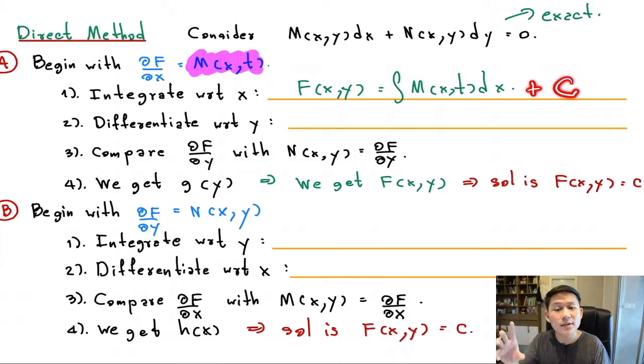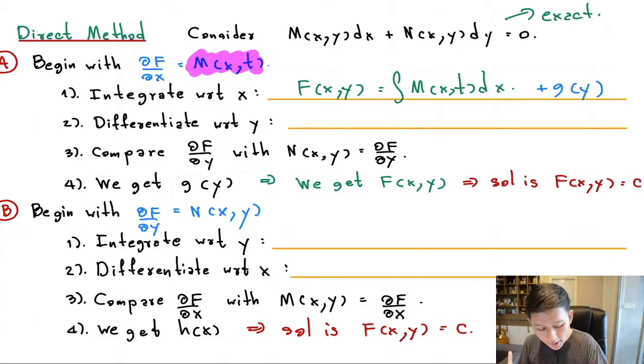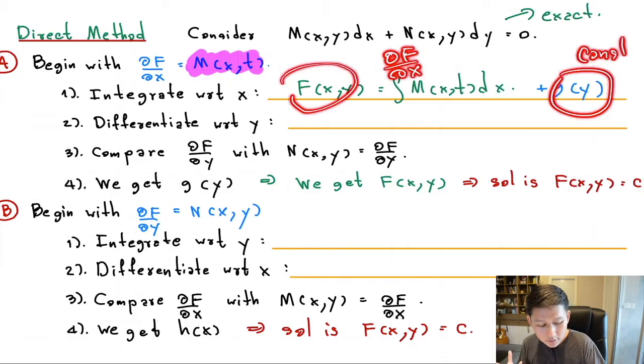But that is the integration when you have only one variable. Here, as you can see, it's a partial derivative, so when you integrate, it's a partial integration. So you need to have a constant term, but the constant term is a function of y. Why? Because when you take the derivative of f by x, you look at y as a constant.